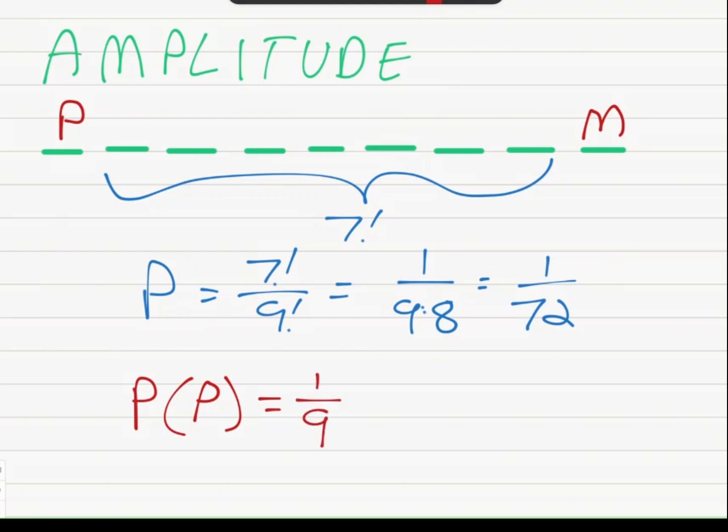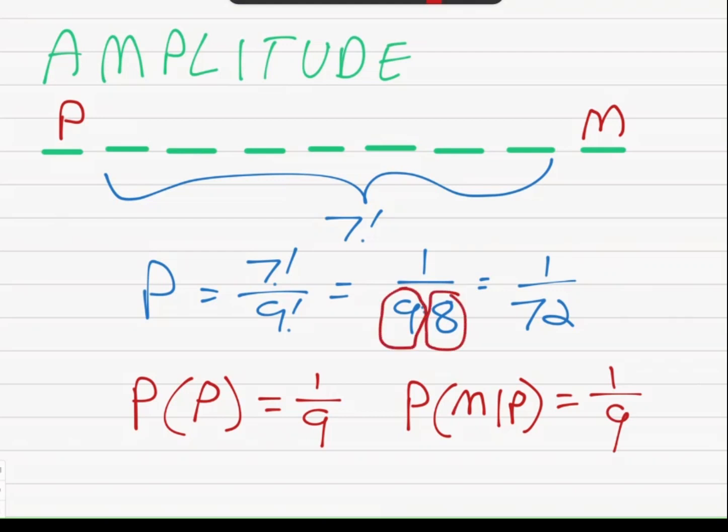And then I can use conditional probability, and I can say, well, if I've already drawn a P into a specific slot, what is the probability that I draw an M into another specific spot, given that a P has already been drawn? Well, that's 1/8. And so you can see, that's why I broke up the denominator right here. So either approach works. The first way used a counting method, and the second way used conditional probability. Either approach is fine, but you should be able to do both.